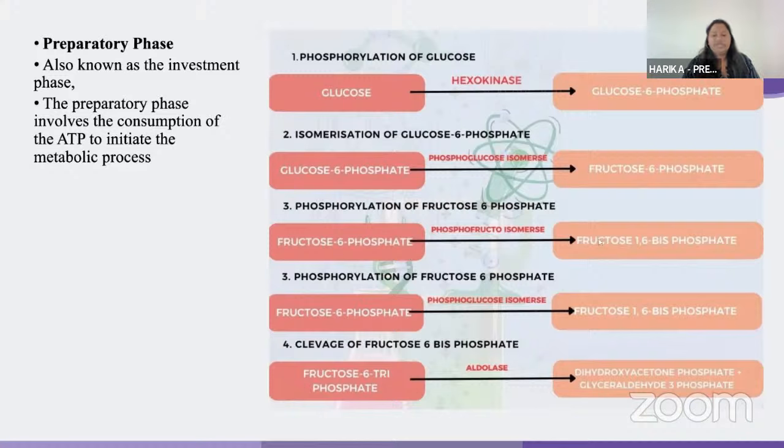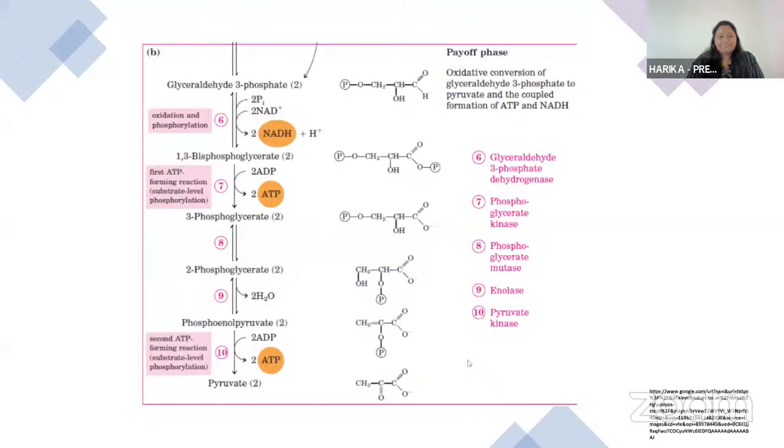Then in phosphorylation, fructose 6-phosphate is converting to fructose 1,6-bisphosphate, and here cleavage is occurring. Fructose 1,6-bisphosphate is converting to two components, dihydroxyacetone phosphate as well as glyceraldehyde 3-phosphate. Okay, here cleavage is occurring.